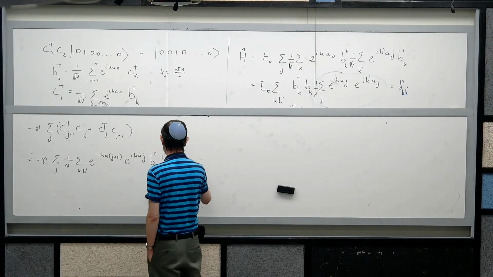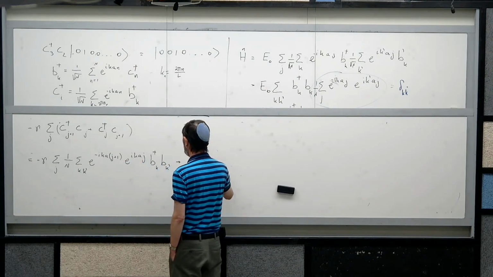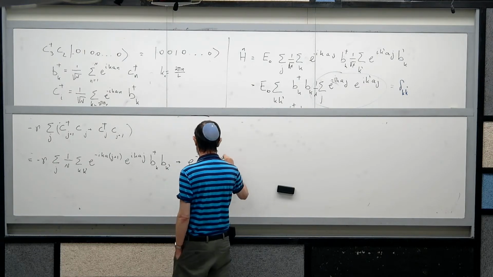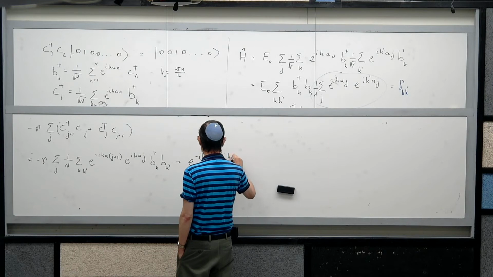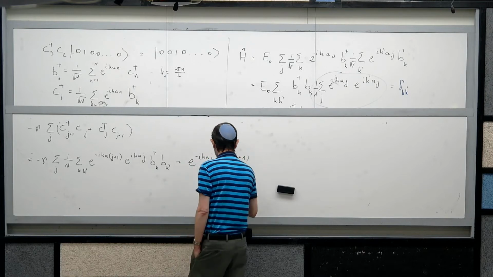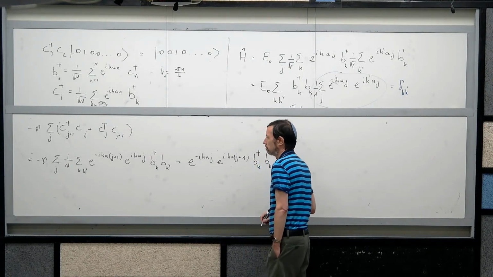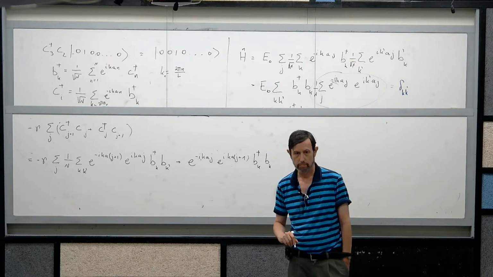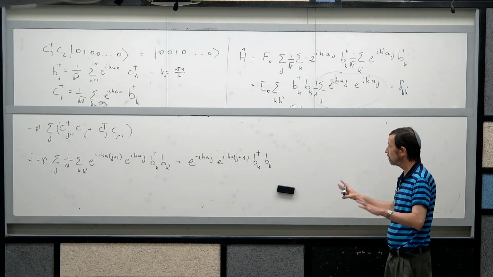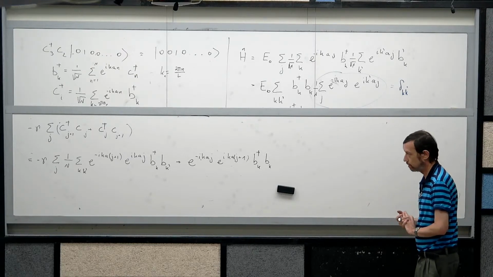Plus the conjugate, that is the opposite: minus i k a j, i k a j plus 1, b_k. All I did is replace C by B according to our definitions.